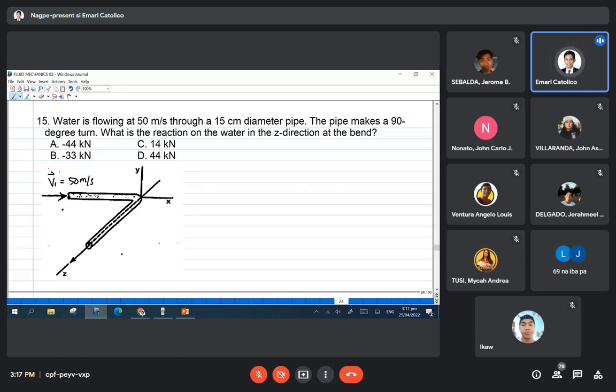Then after niya mag-flow dyan, 90-degree turn siya. Kulay red ko na lang. From this pipe, nag-90-degree turn siya.